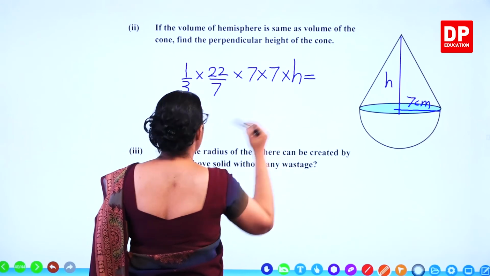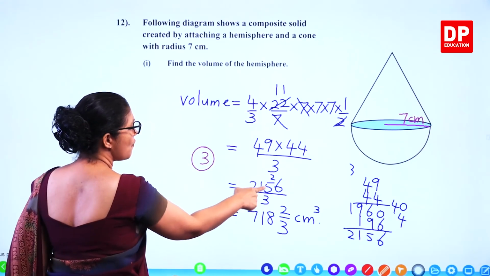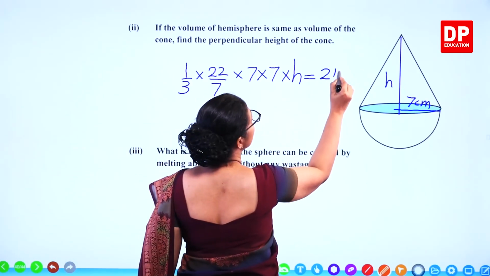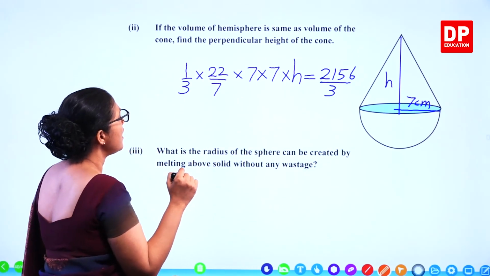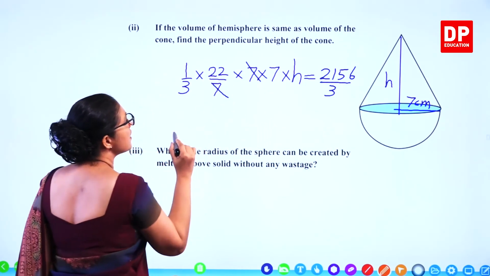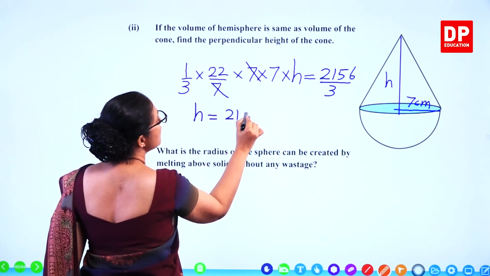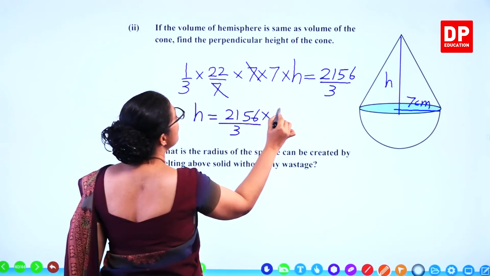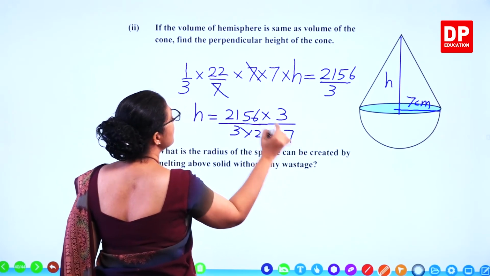So that's equal to this one. So I'll take 2156 over 3. So you have to find out h. So 7 gets cancelled out. So h becomes 2156 divided by 3 multiplied by 3 divided by 22 and 7.